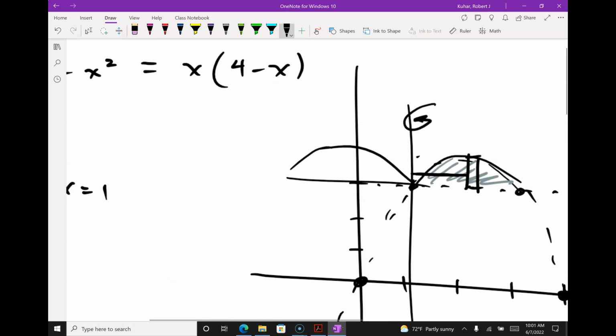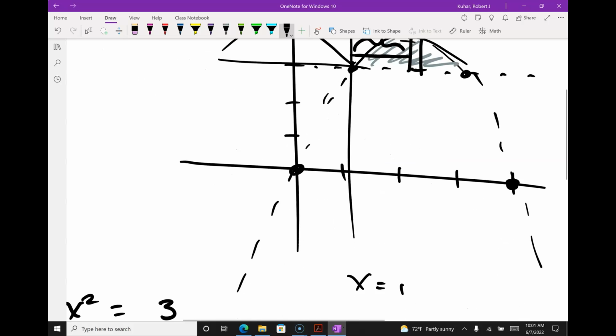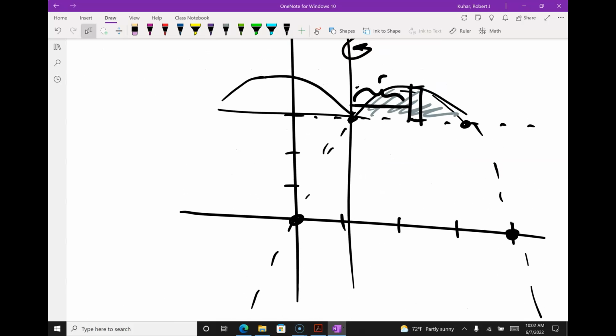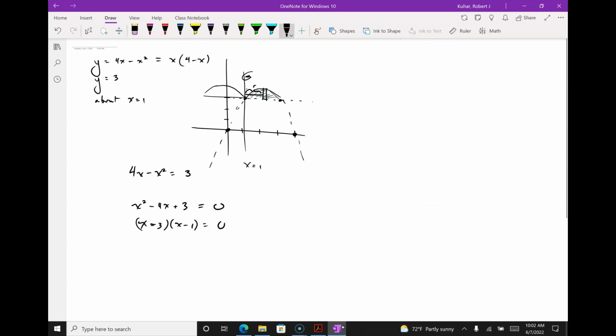Do you see it? My radius is from the axis of revolution to the rectangle, right? So that is right minus left, which is x minus 1. So are we seeing that? The radius is x minus 1.